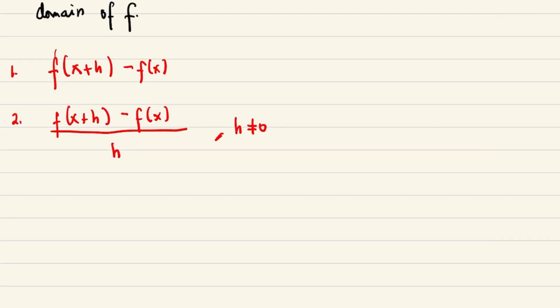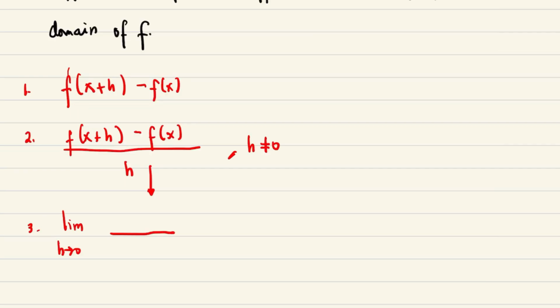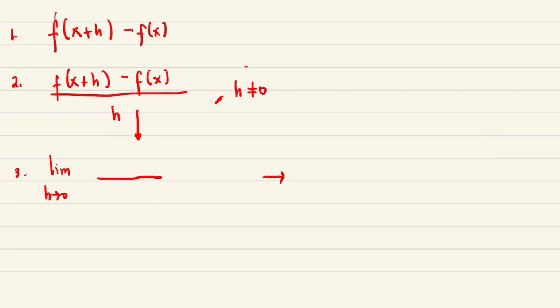And number 3 is that you evaluate the limit as h approaches 0 of this expression. Provided that the limit exists, then we are getting the derivative of the function f at x sub 0. So let's consider, for example, finding the derivative of f of x equals x squared.